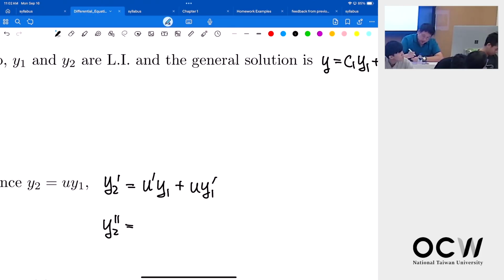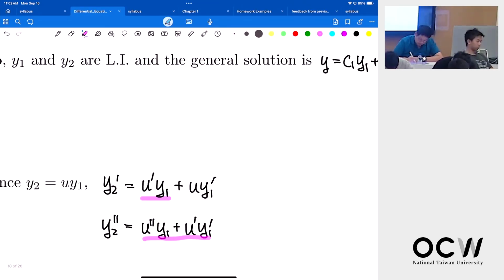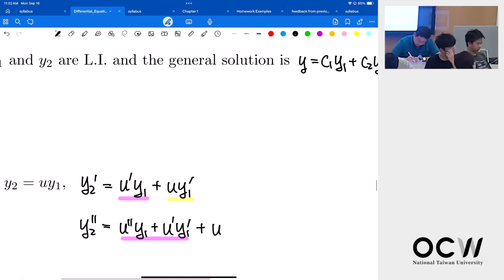So here we have u prime y1, that becomes u double prime y1 plus u prime y1 prime. And for the second term, we have u prime y1 prime plus u y1 double prime.